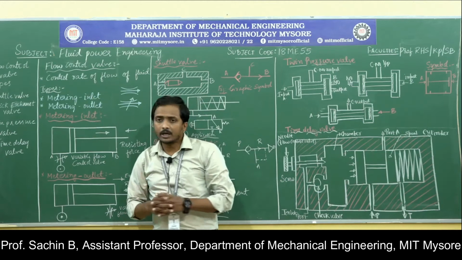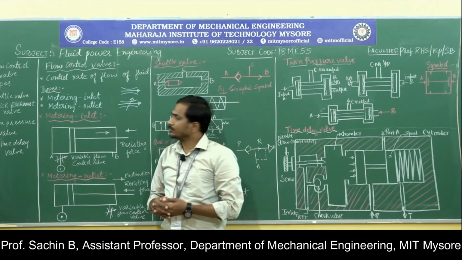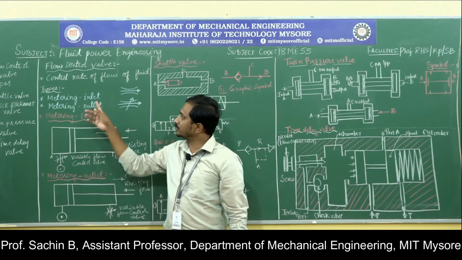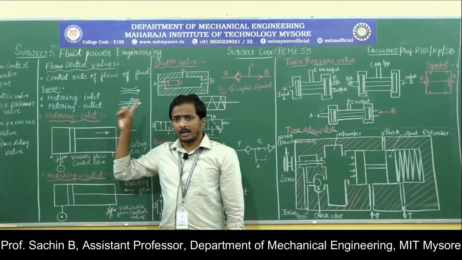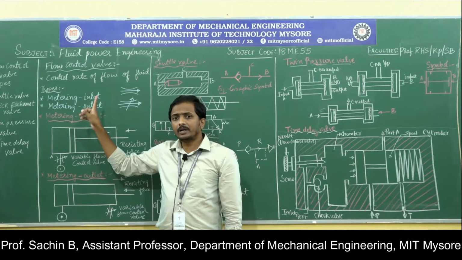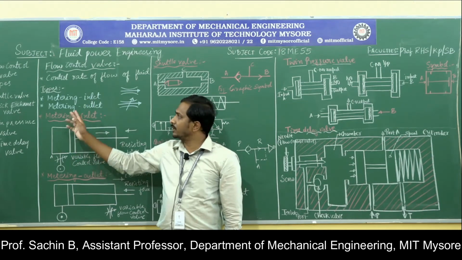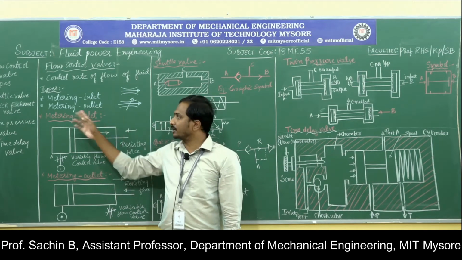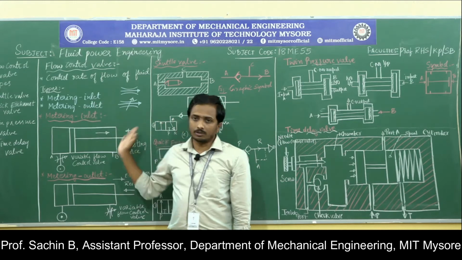Next, when it comes to the types of flow control, here we have two types. One is controlling the flow rate at the inlet, that is, metering the flow rate at the inlet. The second one is controlling the flow rate at the outlet, also called metering outlet.